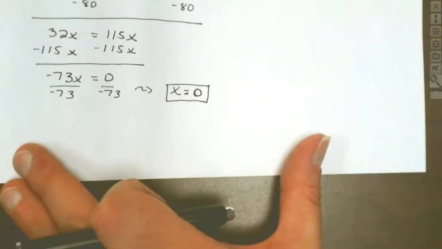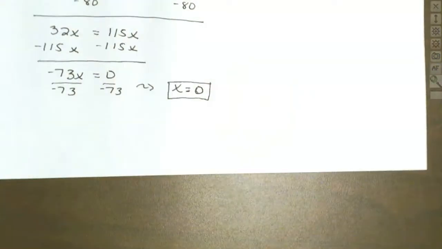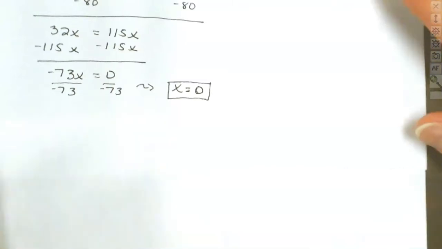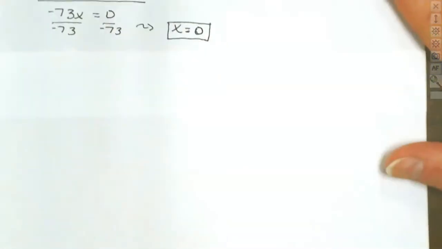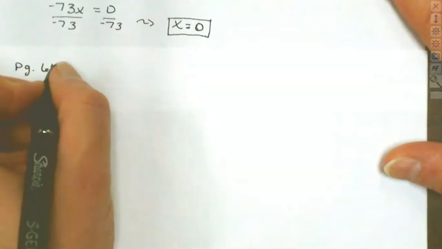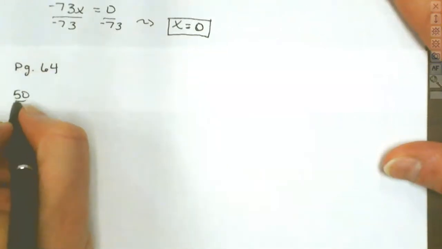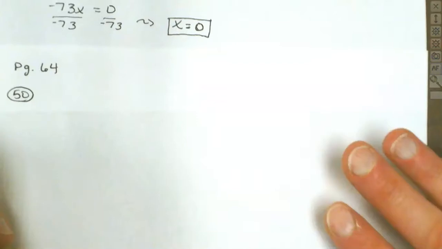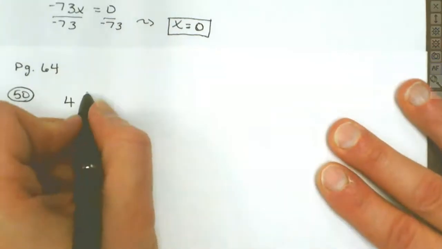Let's do one more, and then we'll take a short break. So let's look now at one question that involves square brackets. And let's look at question 50. This is on page 64. Question 50. And we'll take a break after this question.